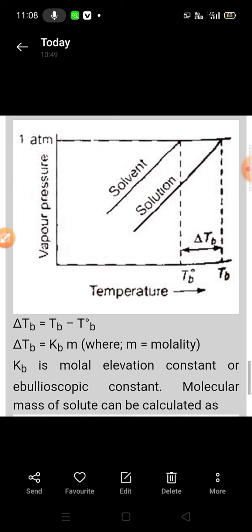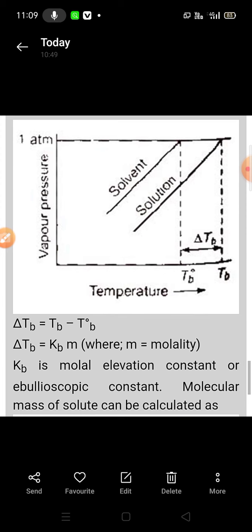Here the elevation in boiling point, denoted by delta TB, is equal to TB minus T naught B. TB is the boiling point of the solution and T naught B is the boiling point of the solvent.